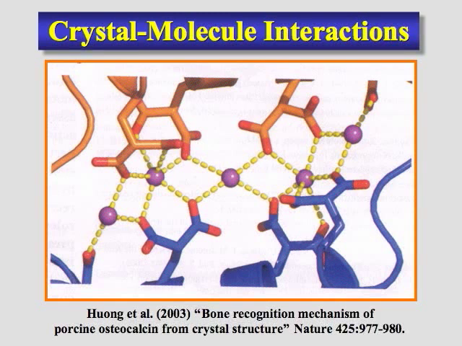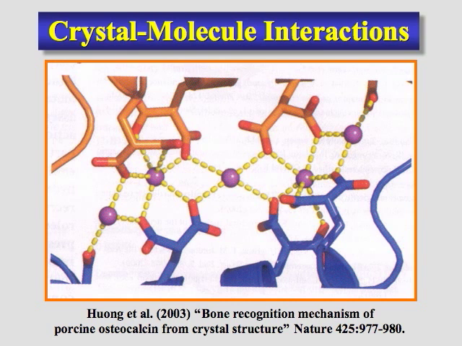This is a tiny portion of a bone. And what you're seeing here in purple are 5 atoms of calcium that are part of a hydroxyapatite crystal in the bone. Bonded to this hydroxyapatite are 2 small parts of larger molecules called osteocalcin, proteins that add some of the strength and the characteristic properties to bone.